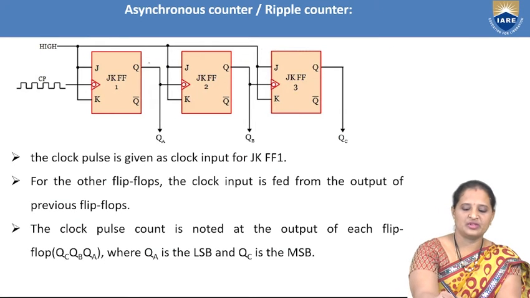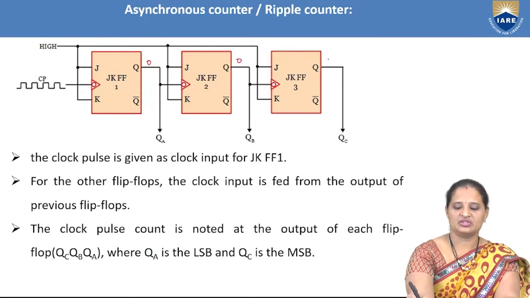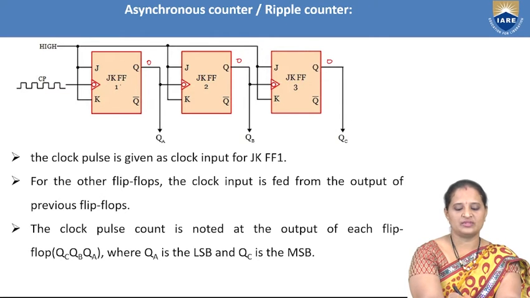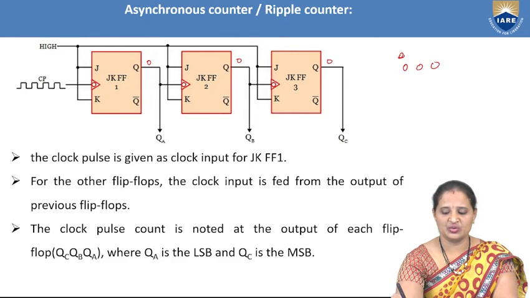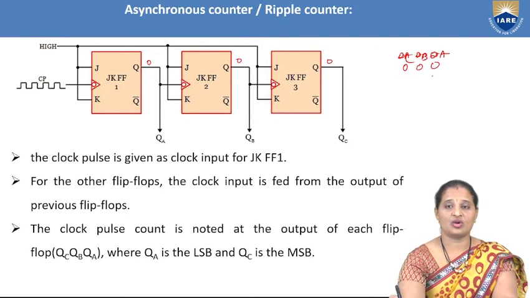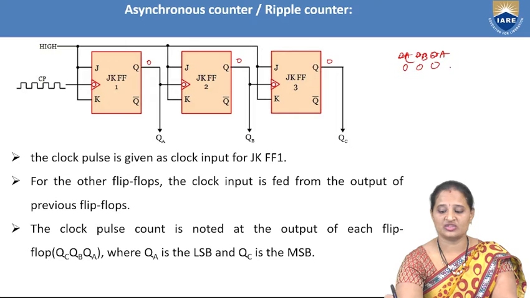Initially this was 0 0 0. Now during the first clock pulse, what happens? We have 0 0 0 here, which is QC, QB, QA. We are applying the clock pulse to the first flip-flop during the negative edge of the clock.